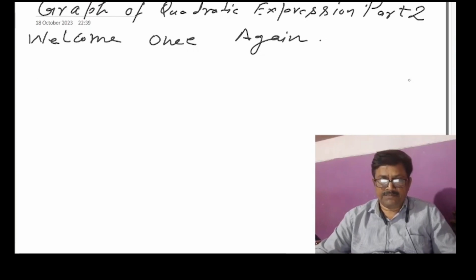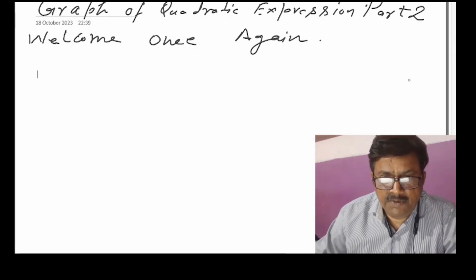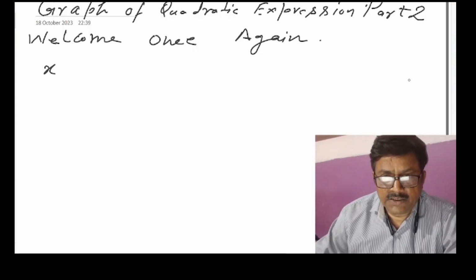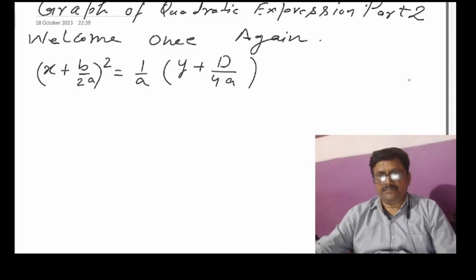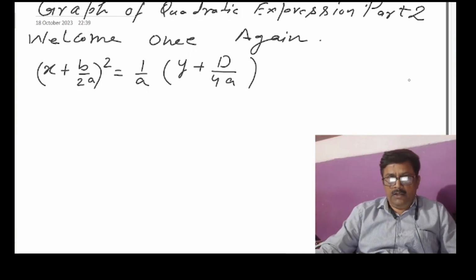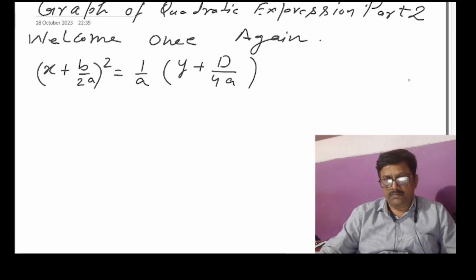Now I will proceed. As we simplified our quadratic equation in the form x plus b upon 2a whole square equals 1 upon a times y plus d upon 4a, we have learned the graph of this quadratic expression is a parabola.